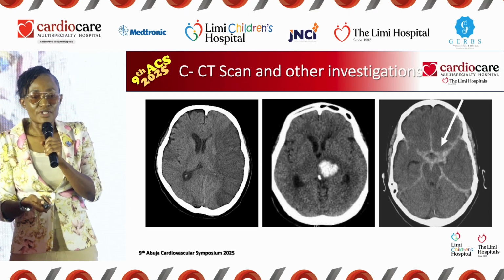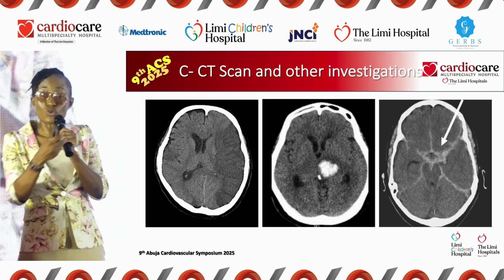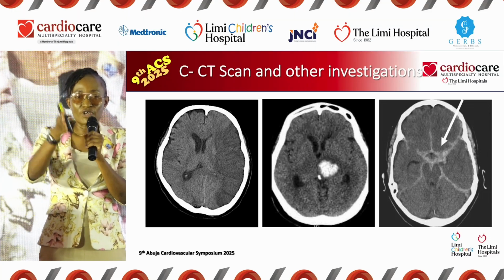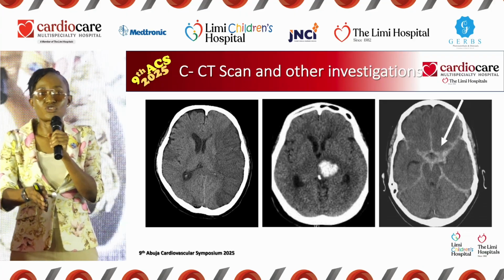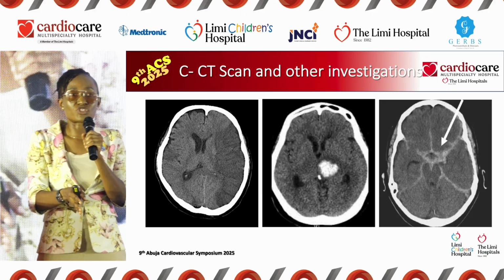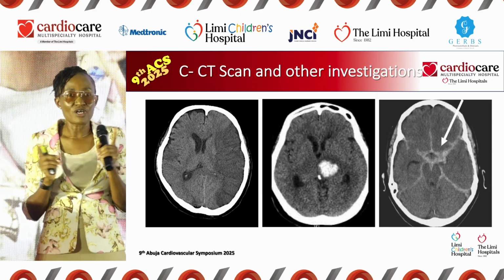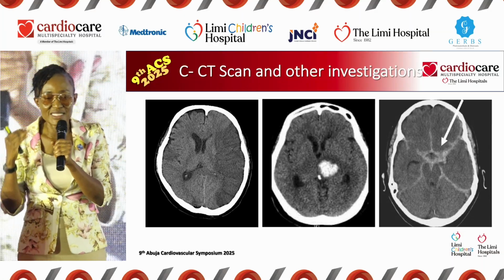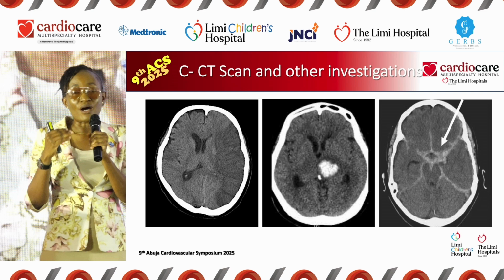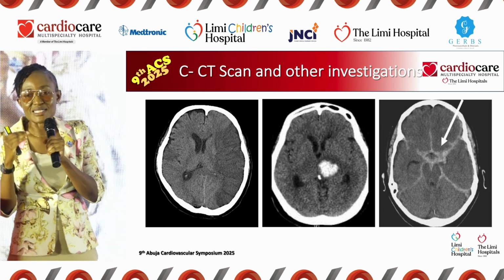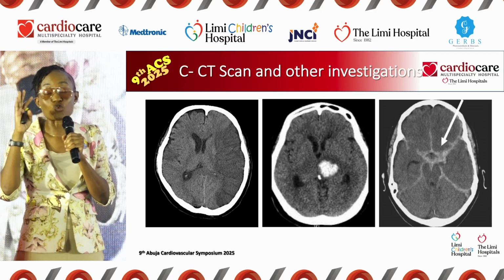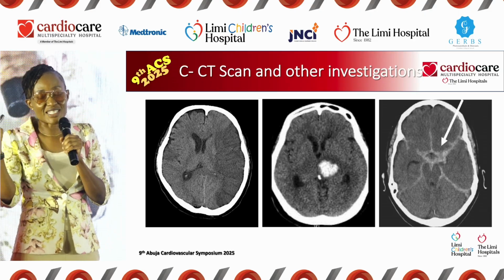Then the next point is, when you have done your ABCD, you've picked out your focal neurological deficit, and the patient is, quote unquote, stable, you now send the patient for a brain CT scan. The imaging of choice is a plain brain CT scan without contrast.